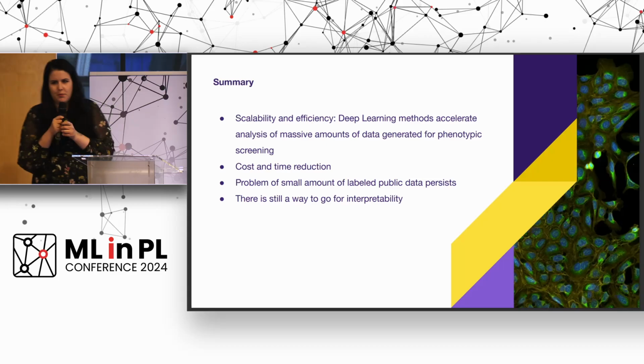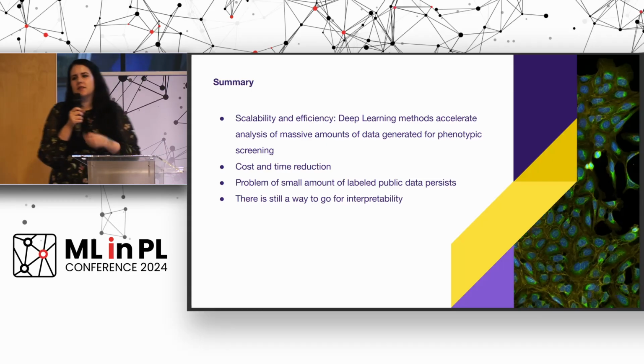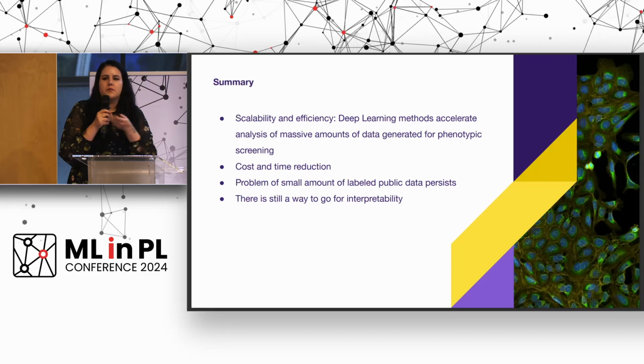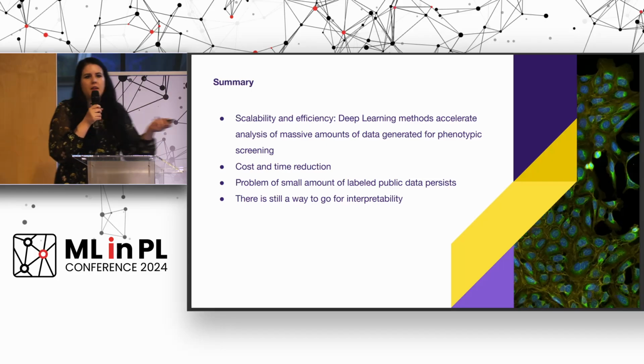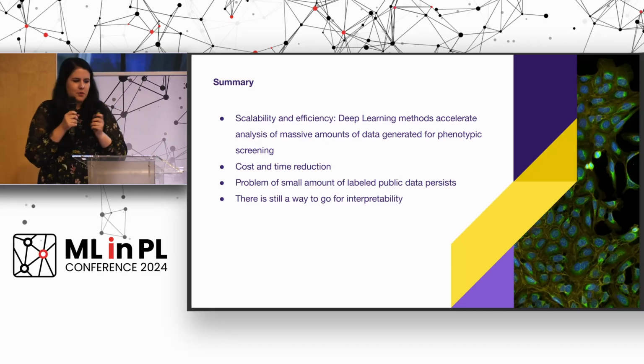There is a big problem with labels, with public labels, because big pharma companies have their own labels and they are producing much better models. And there's still a way to go for interpretability, and this is very hard because we still cannot create, for example, prototypes for cells. This is just too complicated biology. And that was the summary.